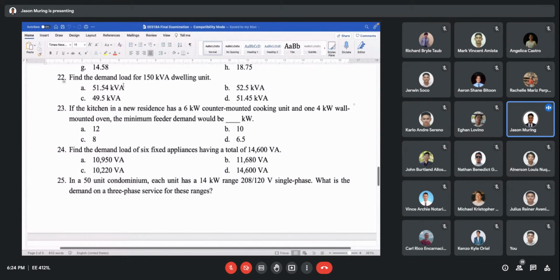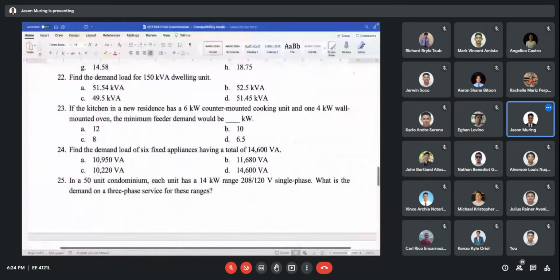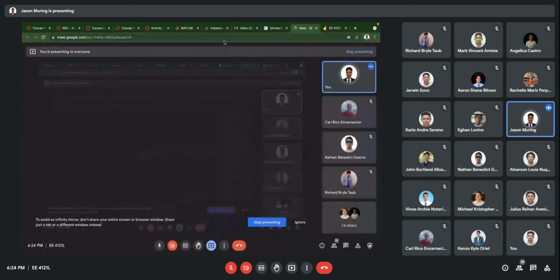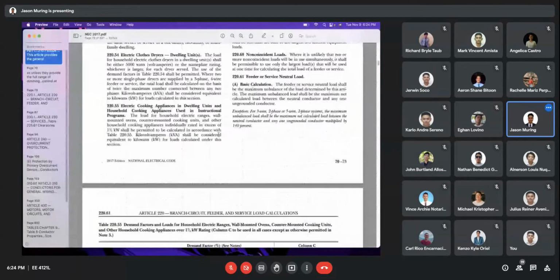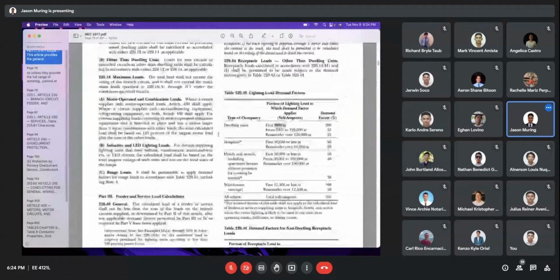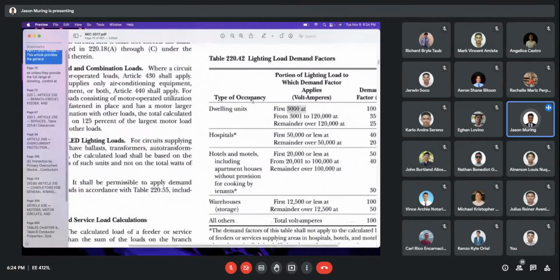Going back now to number 22, we know that this is a dwelling, and the demand load is the load capacity, 150 kVA. So we have to look at the table in which we can apply the demand factor for dwelling units.